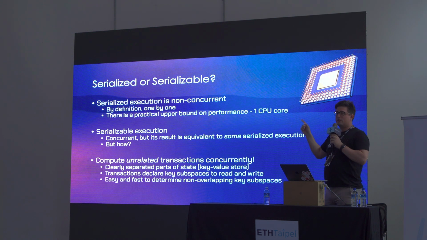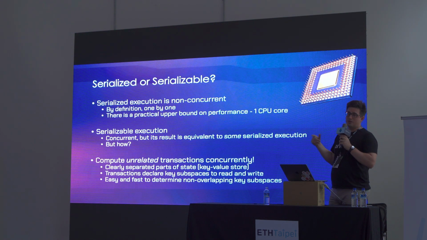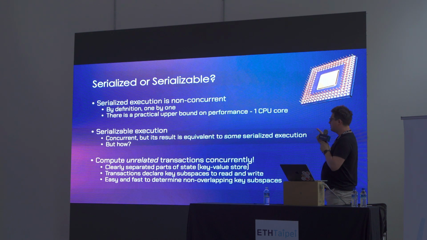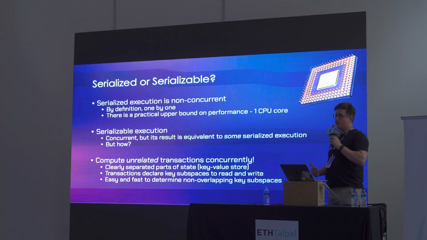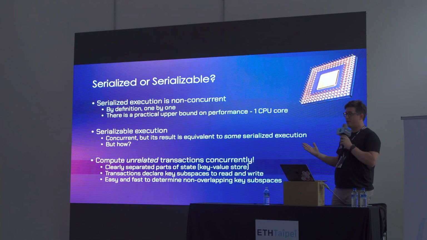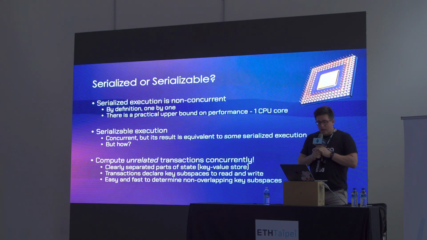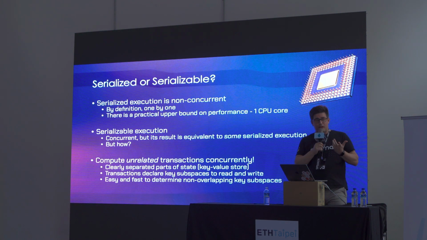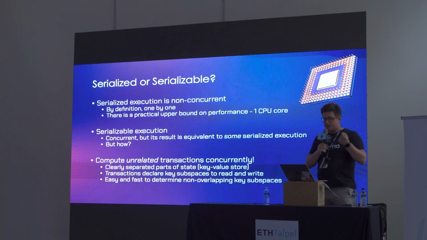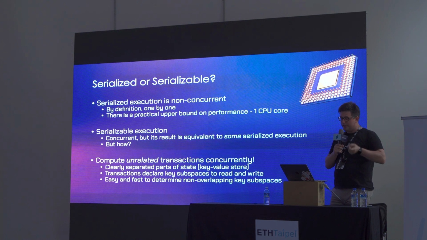How can we achieve serializable execution of transactions on a blockchain? Well, we can try to compute unrelated transactions concurrently because this is safe. If transactions are unrelated, we don't have to worry about concurrency. To determine that transactions are unrelated, they have to work on clearly separated parts of state.